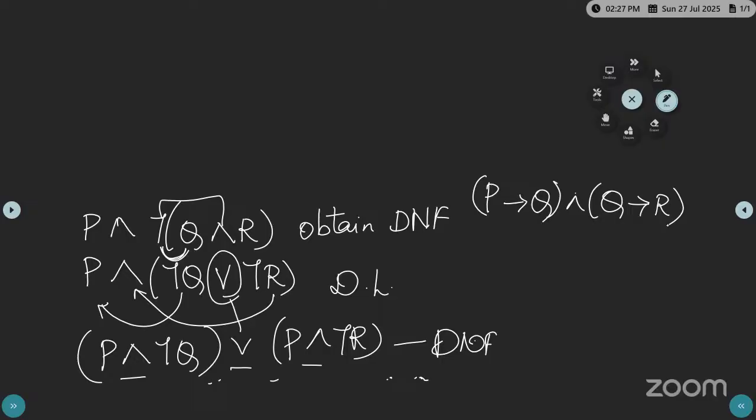Yes, why are you talking? Do that. What is the formula for P implies Q? Yeah. Next, what should you do? Next, ఎలా చేయాలి? Next step ఏంటి?